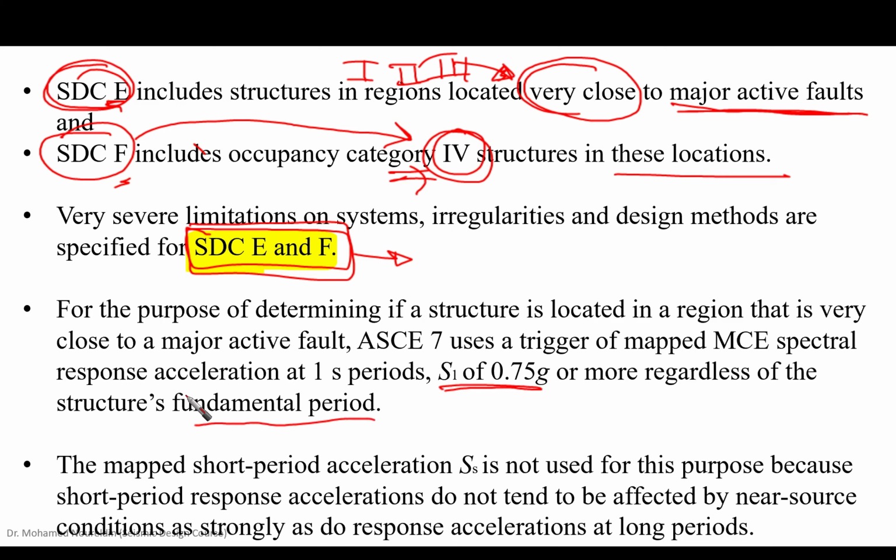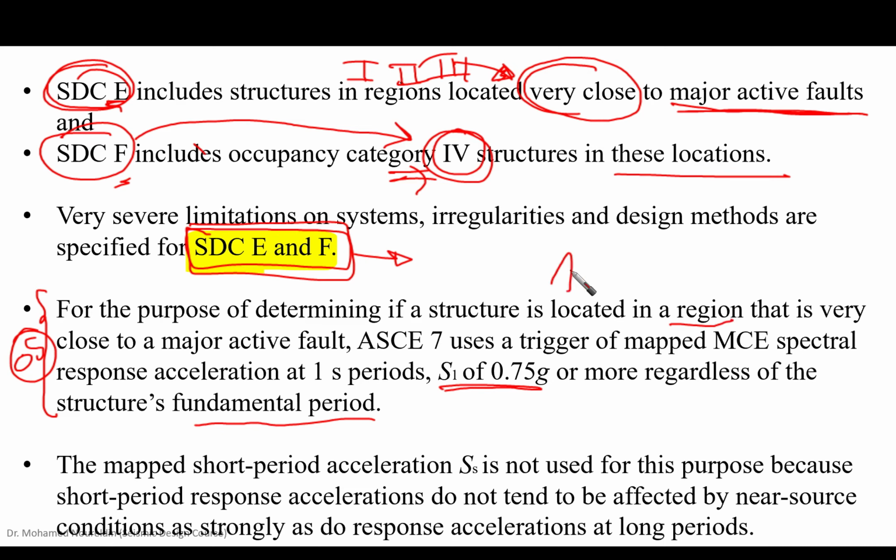Actually, as I said, this part is related to ASCE 7-05, and maybe also ASCE 7-10. They didn't put a limitation or requirement for knowing whether the region is near fault or not.